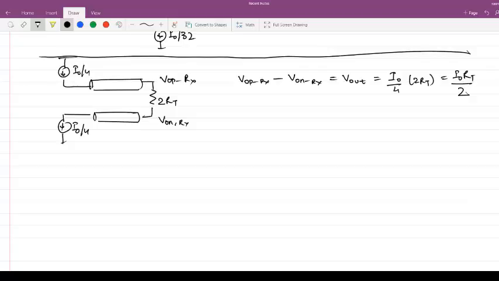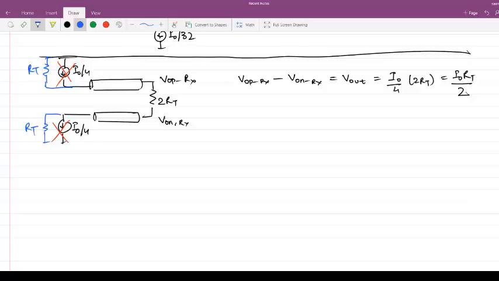But I also need a termination on the transmitter side, because the way I have drawn it, it shows no termination. I think you have heard that a poor man current source is a resistor. So I will replace this current source with a resistance equal to RT, so that I get a termination on the transmitter side.